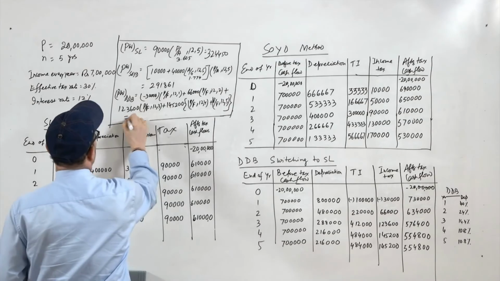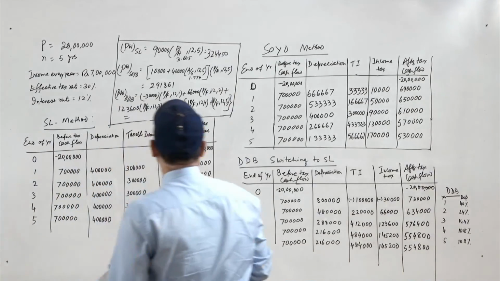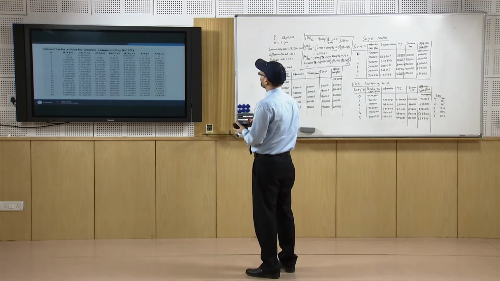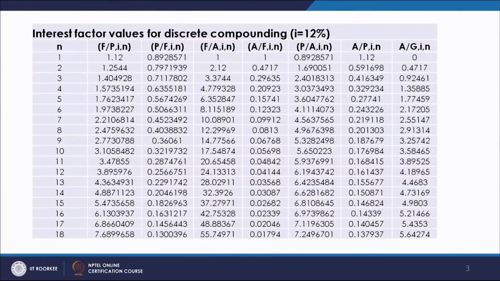So, we have to calculate this. P by F 12,1 is 0.893.